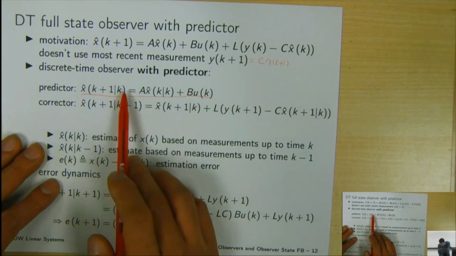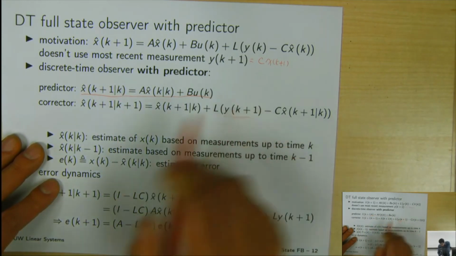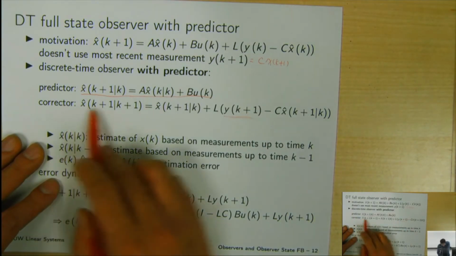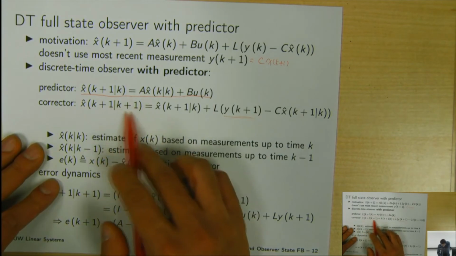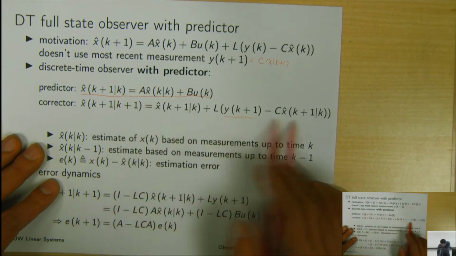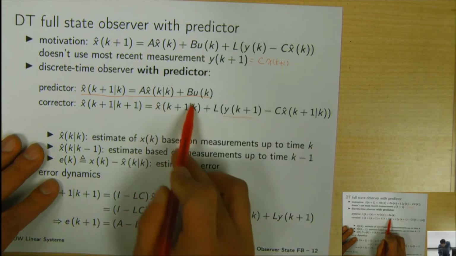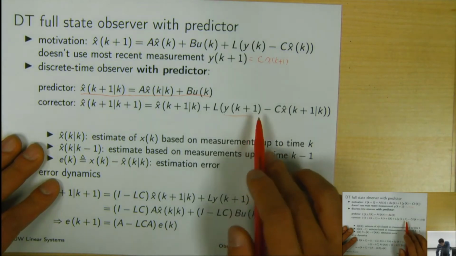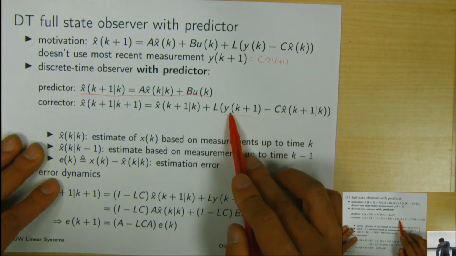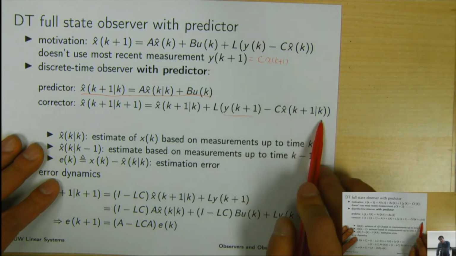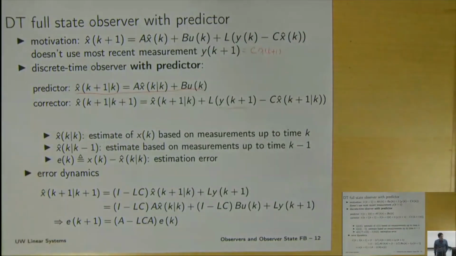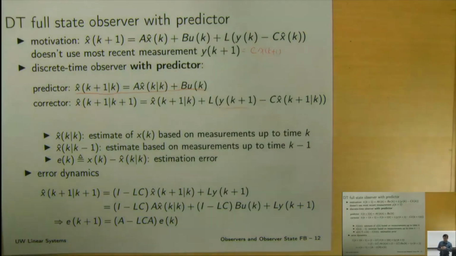Then after we obtain the measurement y k plus 1, we do a correction. We bring this most updated information at k plus 1 into here. We correct the predicted value by using the most recent difference between the actual output y and the predicted output y at k plus 1. So that's the concept: prediction and correction using the most recent information.